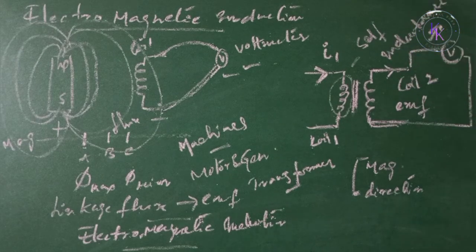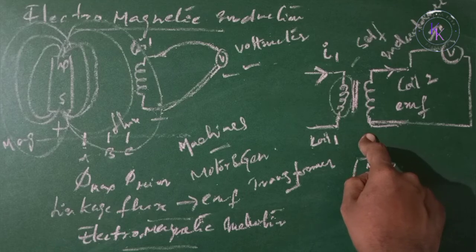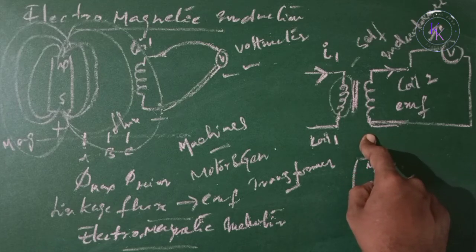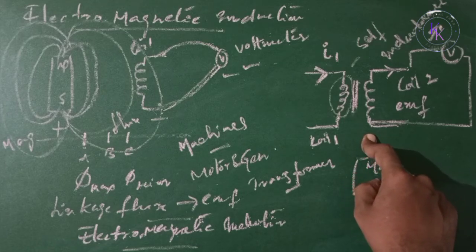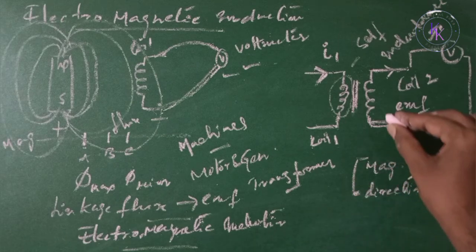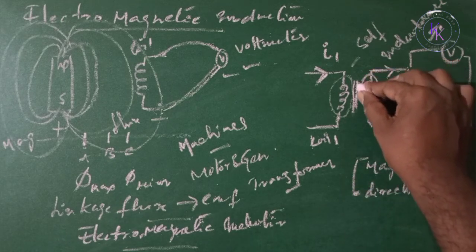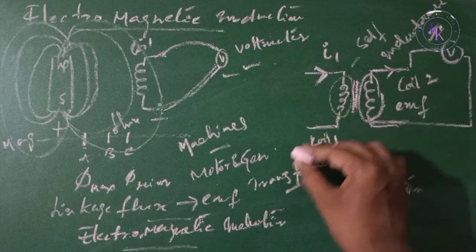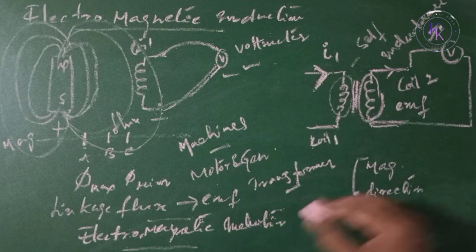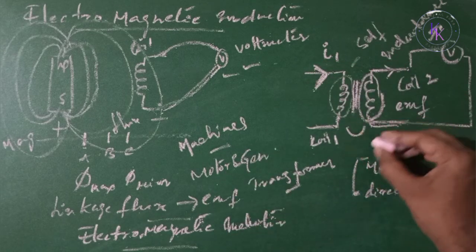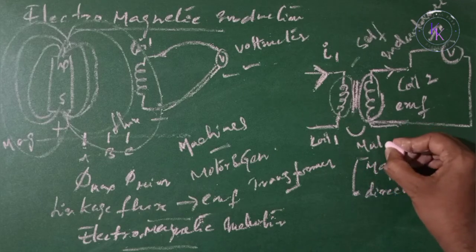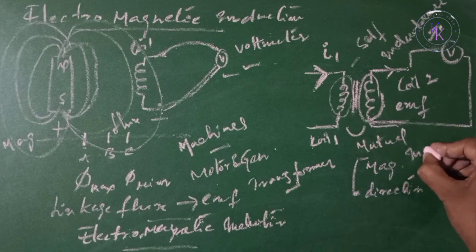If the change in the flux linkage of a coil is due to a change in the current in a neighboring coil, that is, the flux linkage change in coil 2 is due to the current I1, then this is known as mutual inductance.